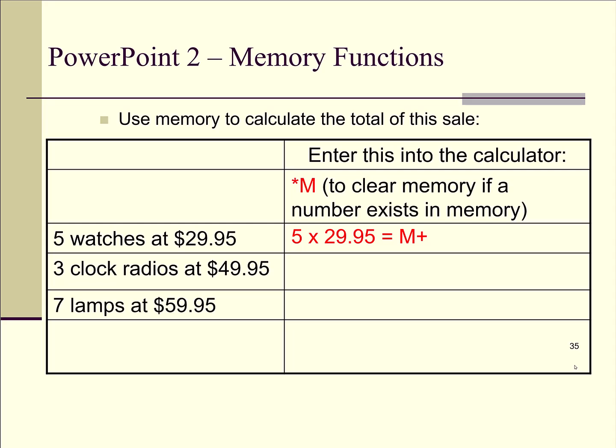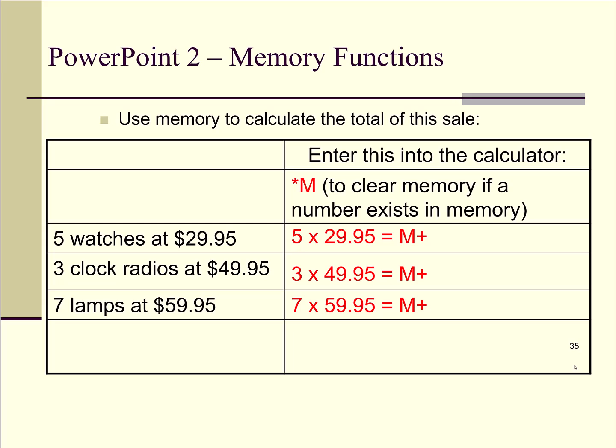But we need to add 3 clock radios at 49.95, so we enter 3 times 49.95 equals, and then add it to memory with M plus. And then we have to add the 7 lamps, so 7 times 59.95 equals, and then hit M plus.